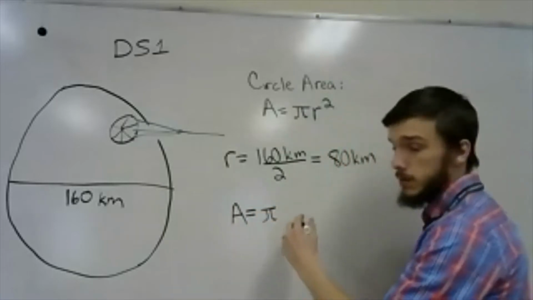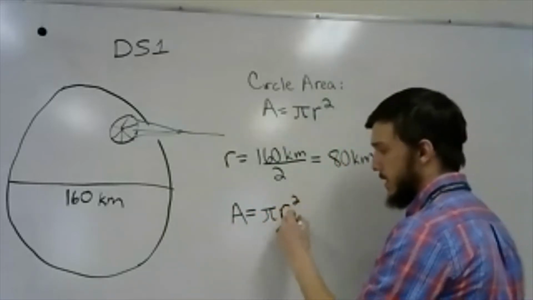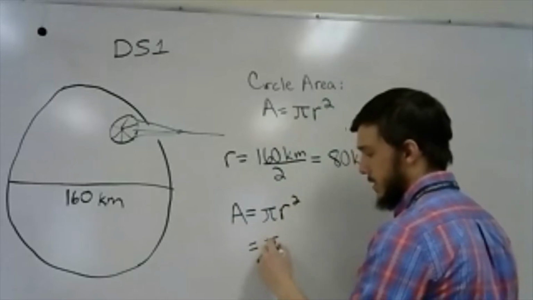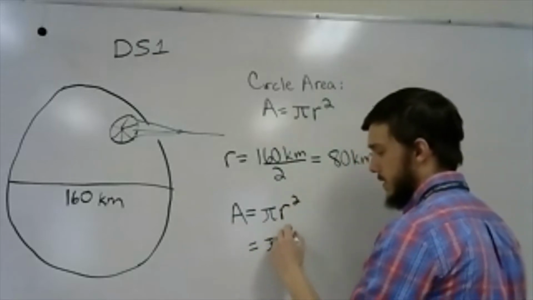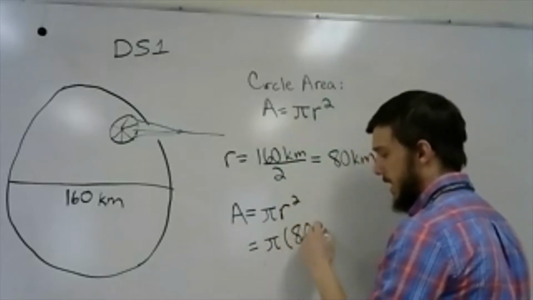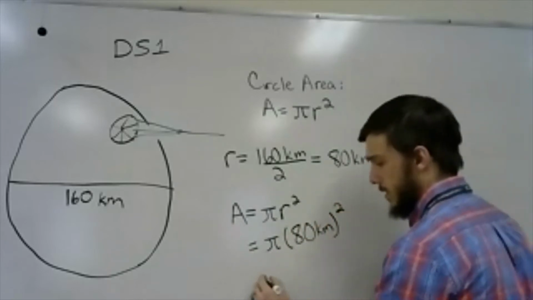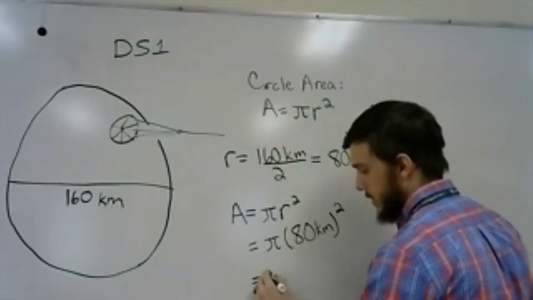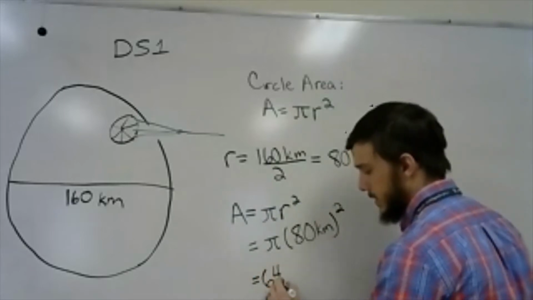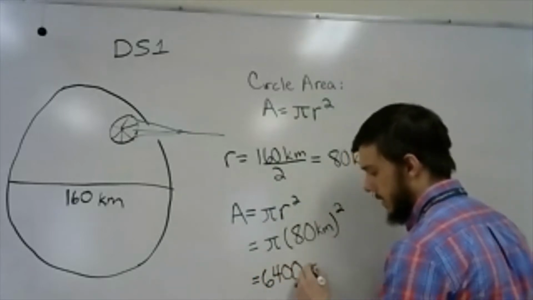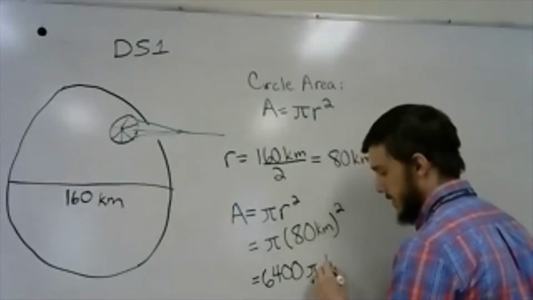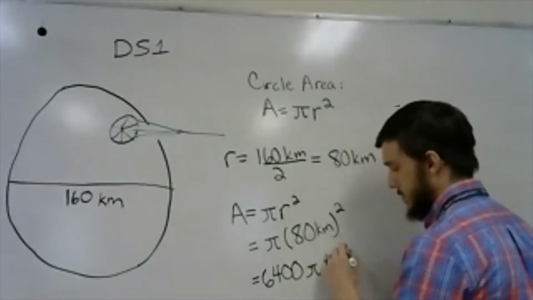So area equals pi times radius squared, which equals pi times 80 kilometers squared, which gives us 6,400 pi kilometers squared.